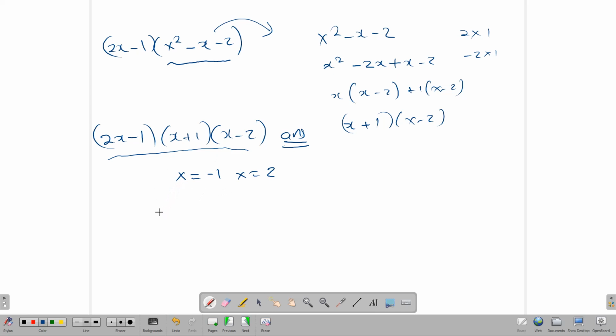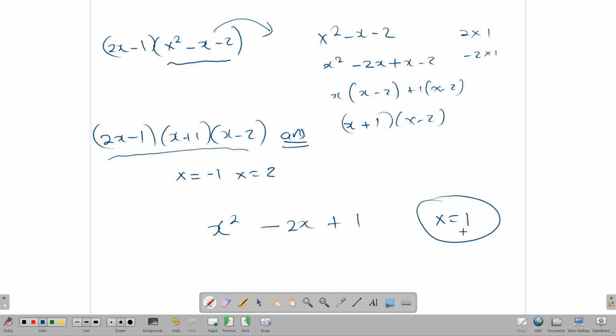First, you look at an expression, say x squared minus 2x plus 1. Then you notice that if you put x equal to 1 into this, you would get 0. So 1 minus 2 plus 1 would give you 0.